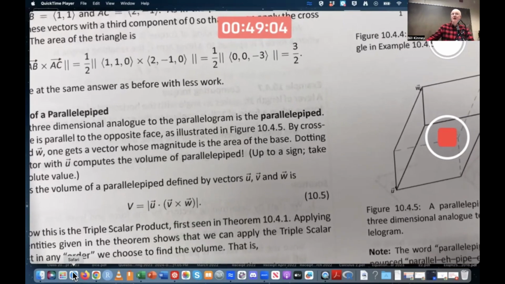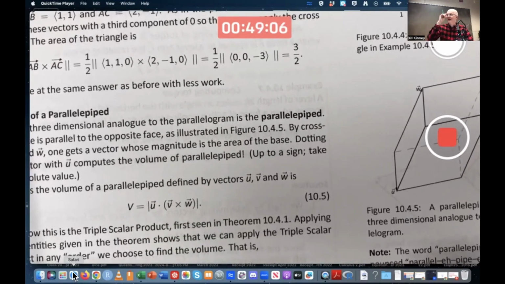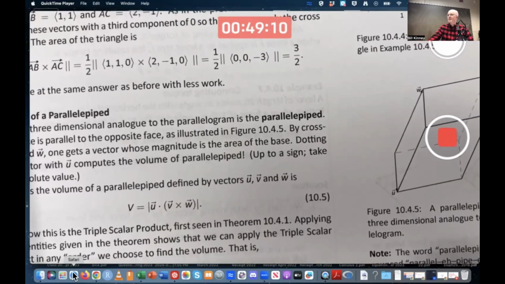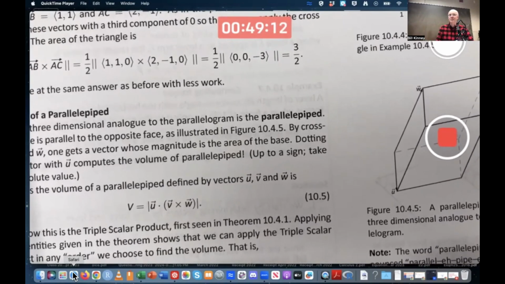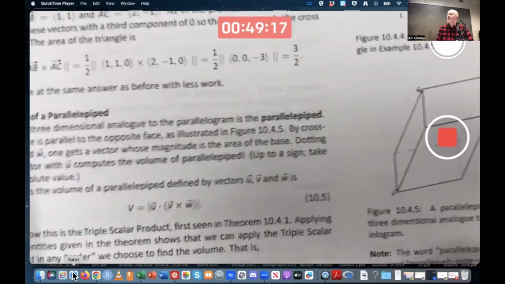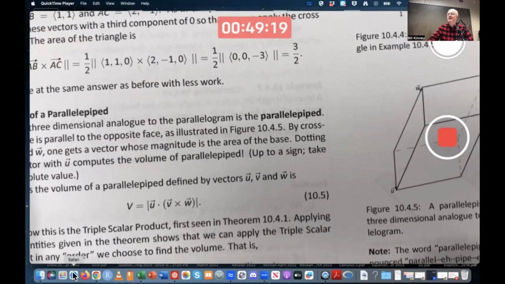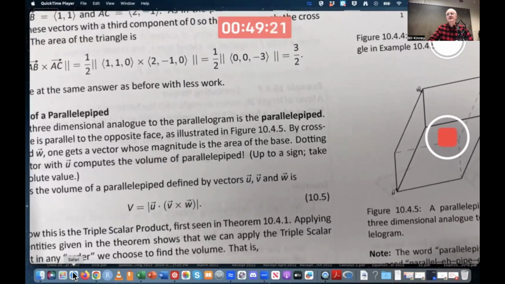Since these cross products are related to areas and volumes, besides what we're going to do on Friday in applying cross products to finding equations of planes, they're also useful for thinking about double and triple integrals.